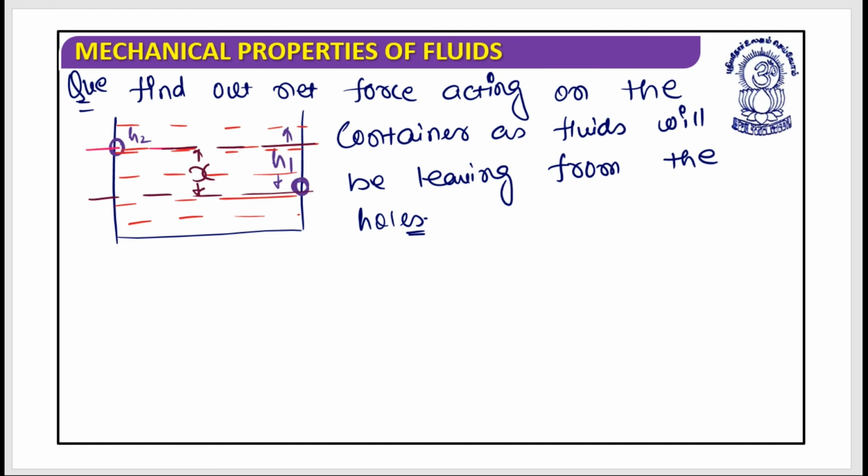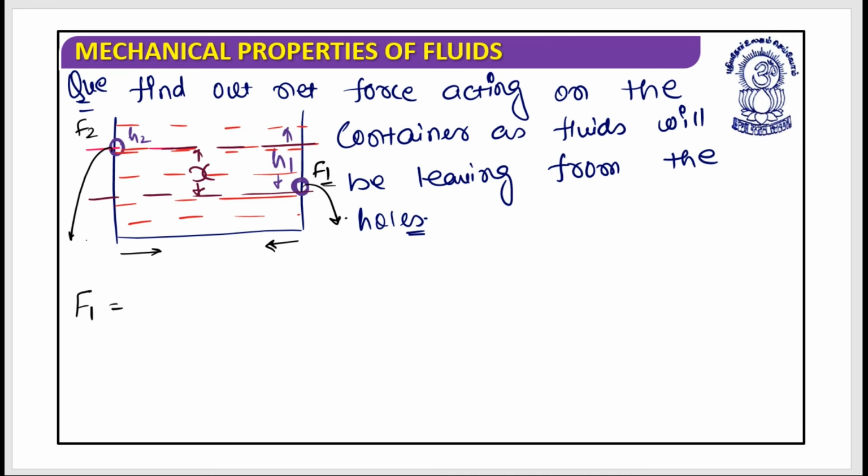So how will we do this? Fluid is leaving from here, and even from here. Let's call this force 1 and this force 2. Due to this force, this tank will shift in this direction, and due to this force, the tank will shift in this direction. So let's first write down both the forces.